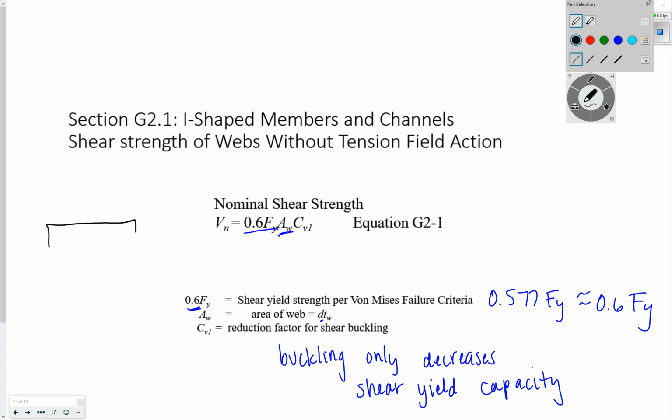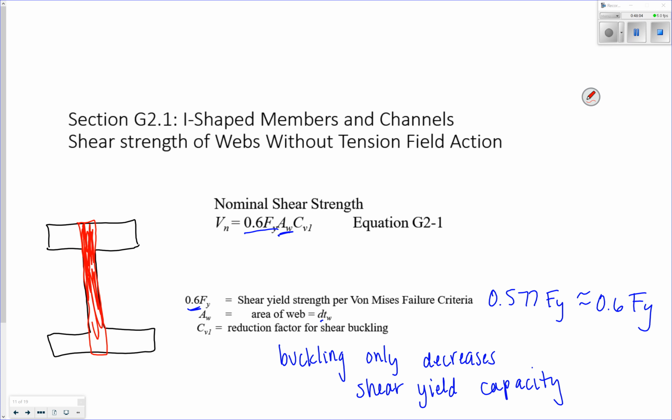I'll just draw that just for fun. The entire depth, D, is the area that resists shear, and the width of my web.